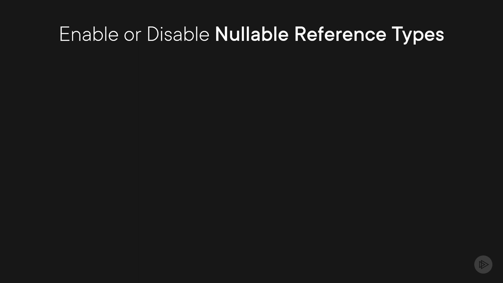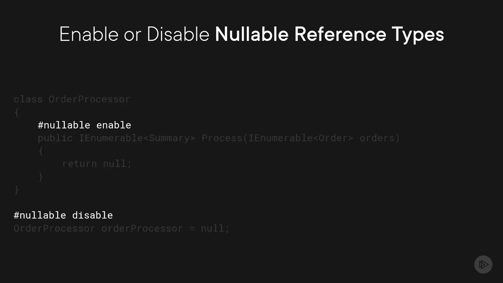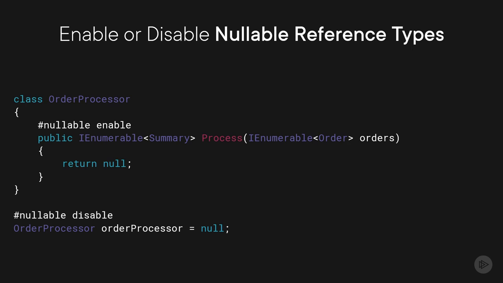If you add the compiler directive nullable followed by your setting, for example, nullable enable, nullable disable, or any of the other options available, this can be applied anywhere in the code and applies only to the context that you use it in. You could enable the nullable reference types only for a particular if statement, a method, a class, or an entire file. This lets you gradually improve the entire project by looking at one portion at a time.